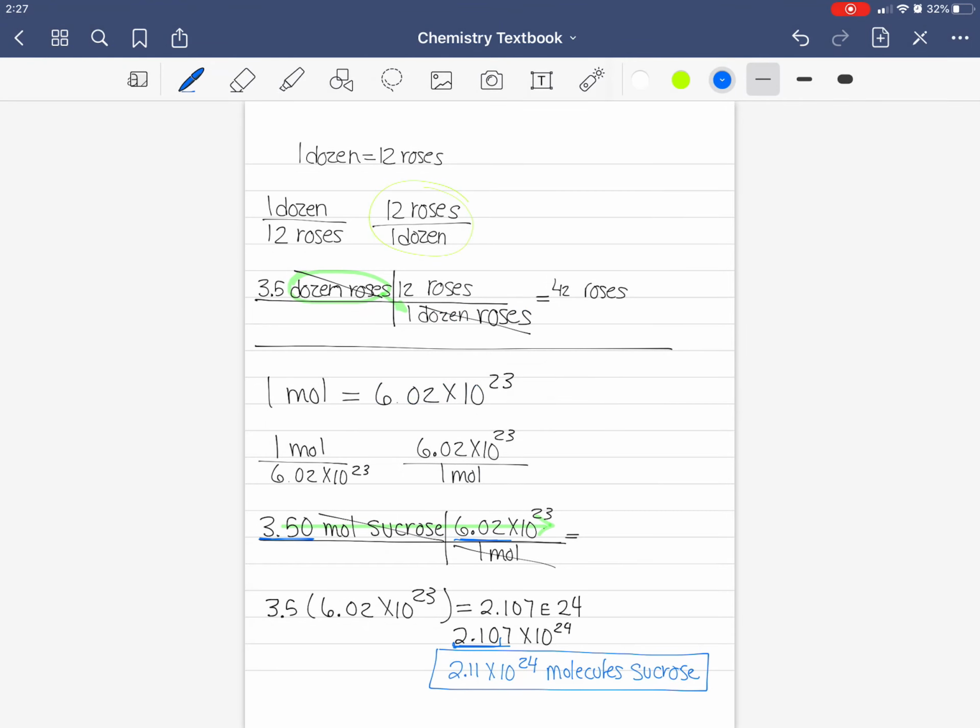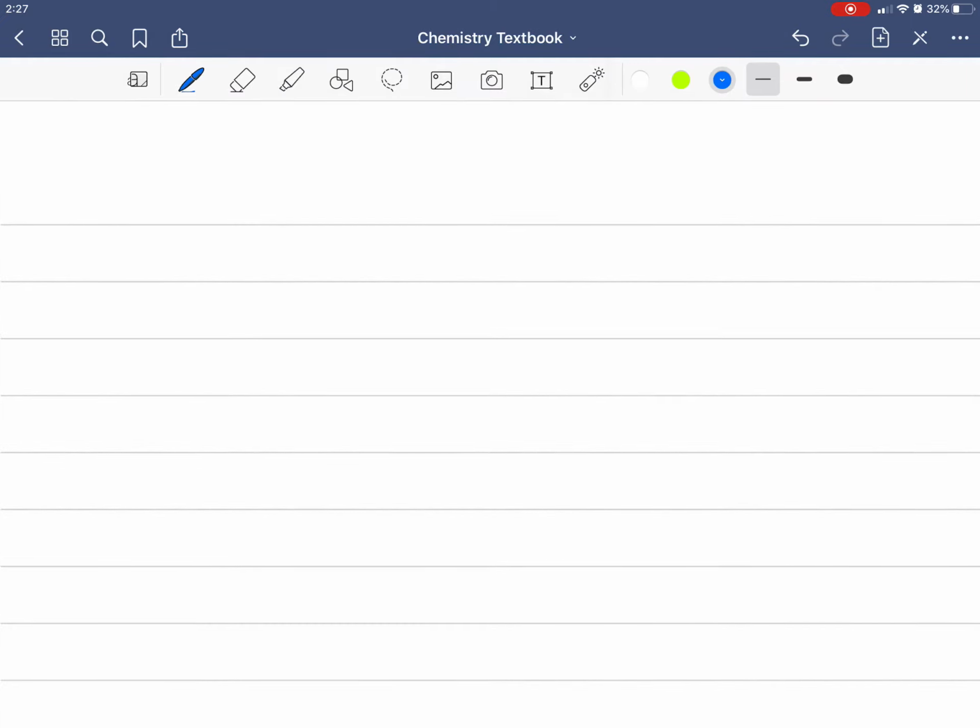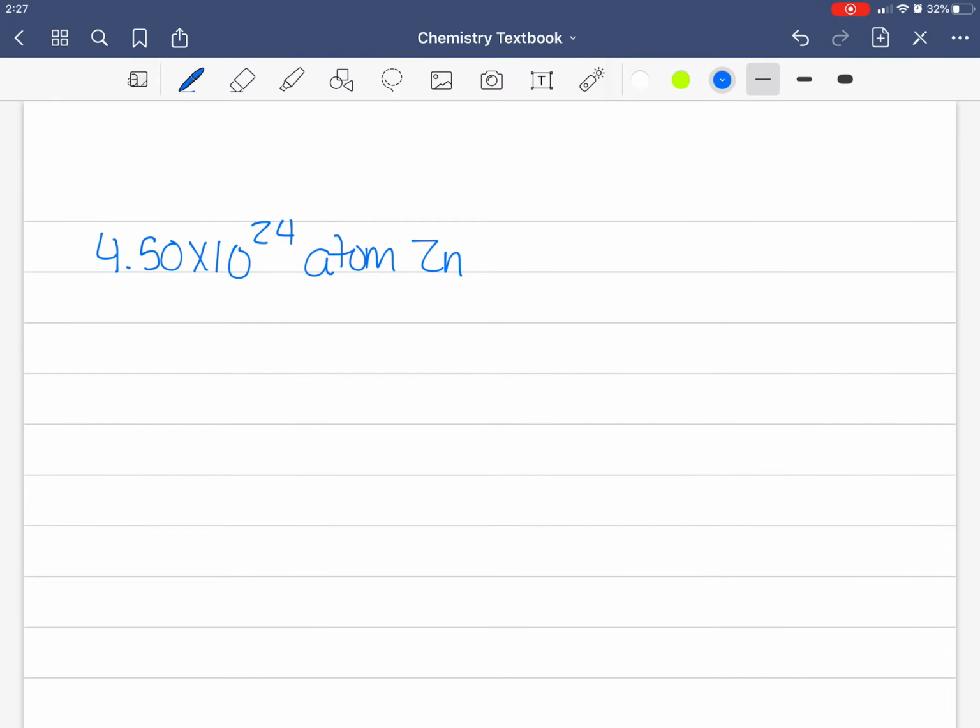And let's show you another example. So let's say that I have 4.50 times 10 to the 24th atoms of zinc, and I want to find how many moles I have.